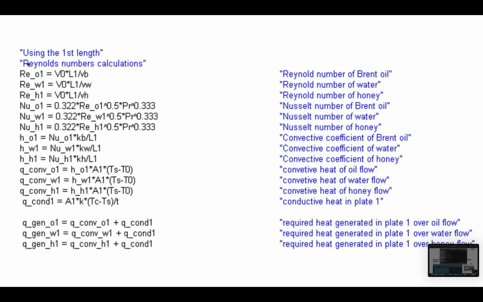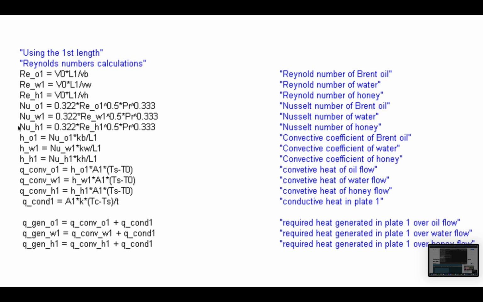We have some calculation of Reynolds number, and from that we can calculate Nusselt number. Since all the flow conditions were laminar, we can use this equation right here to calculate the Nusselt number.